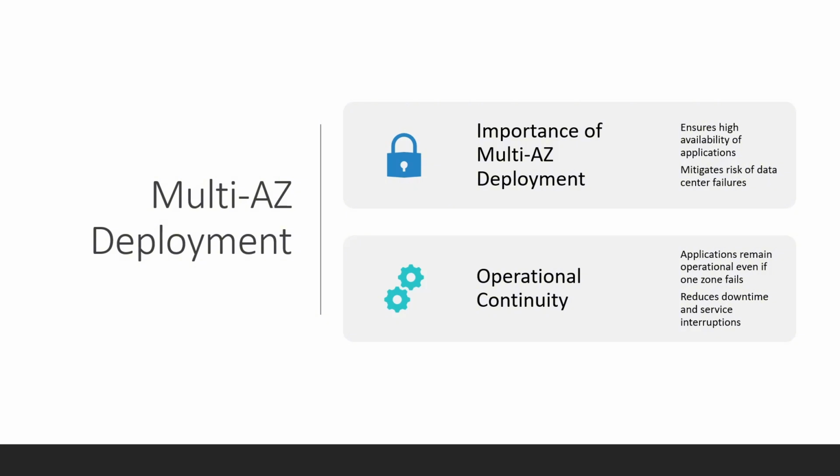So these multi-AZ deployments play a very important role in maintaining operational continuity. This ensures that your applications are resilient to failures and can handle unexpected disruptions. By automatically replicating data and resources across AZs, AWS gives you a robust infrastructure supporting seamless failover and recovery, which will keep your applications running smoothly.